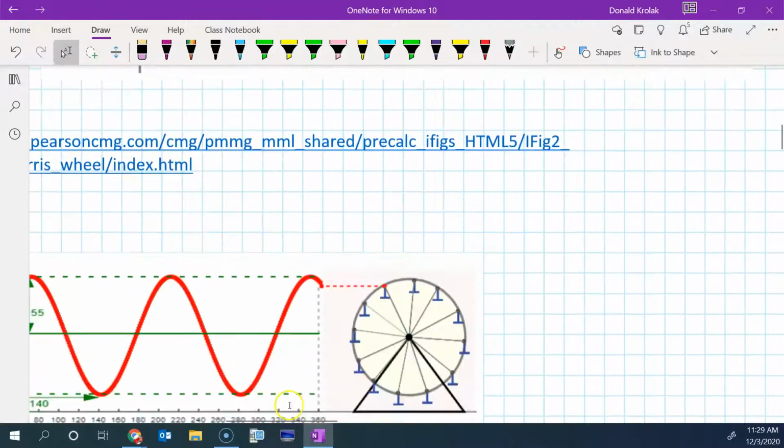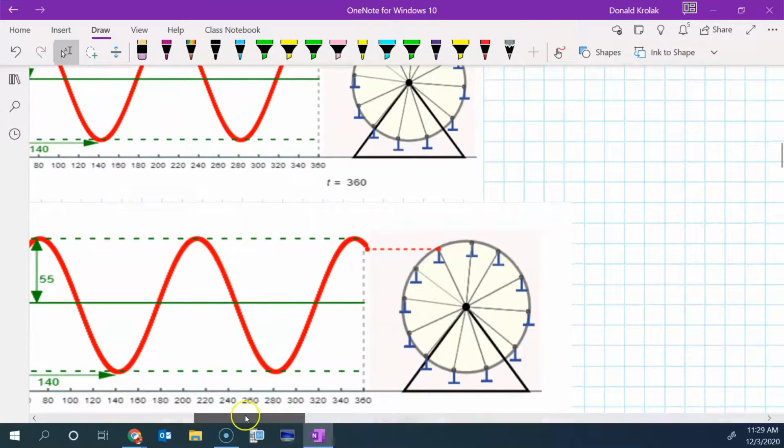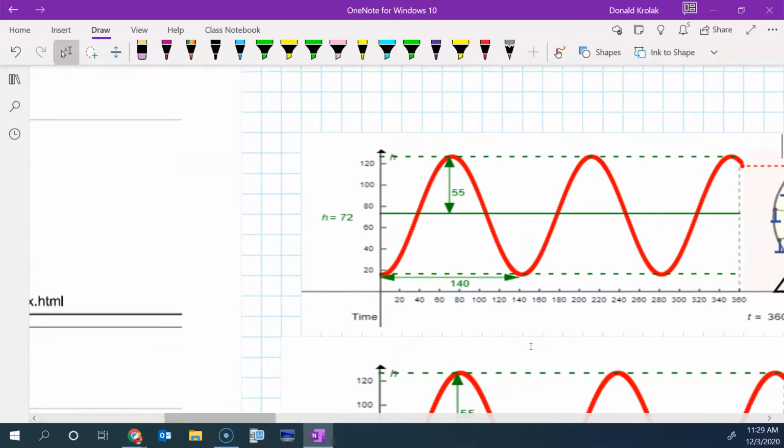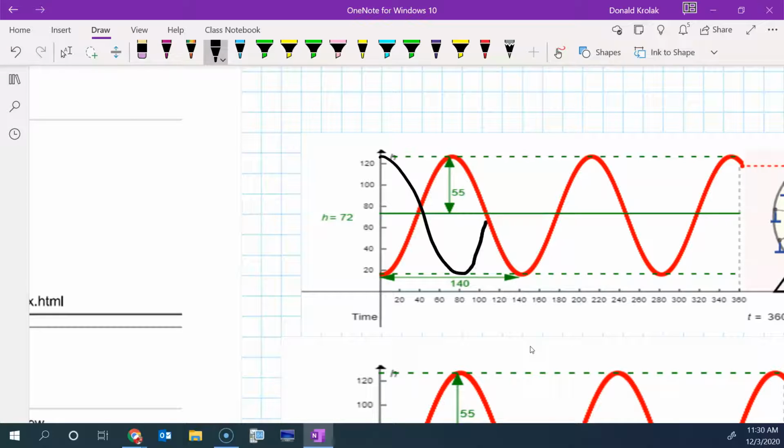For example, normal cosine looks like this. Remember, cosine starts here and goes this way. So to get that graph to match the graph that we have, we've got to flip it.